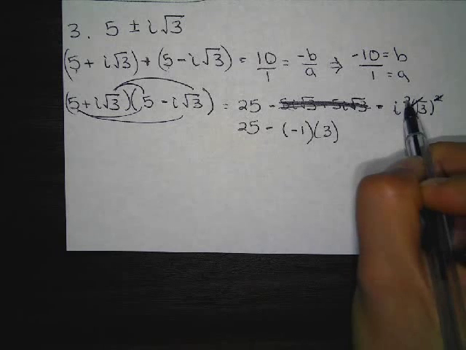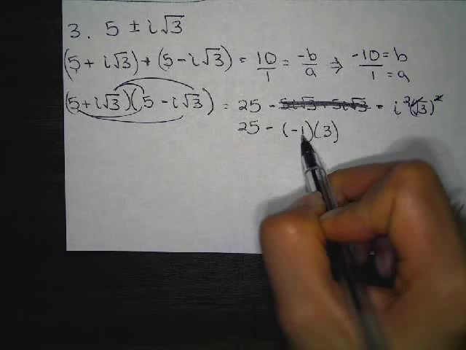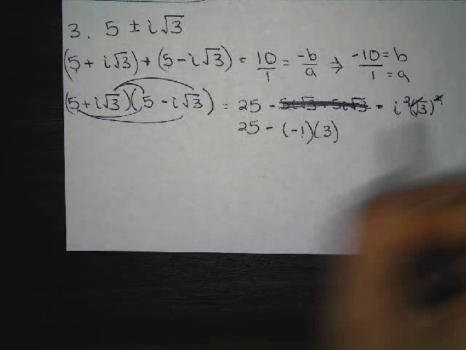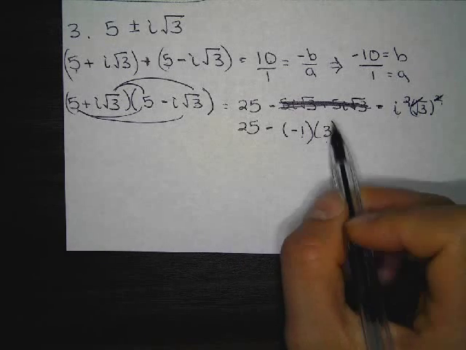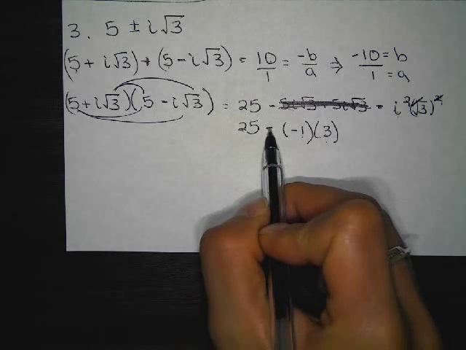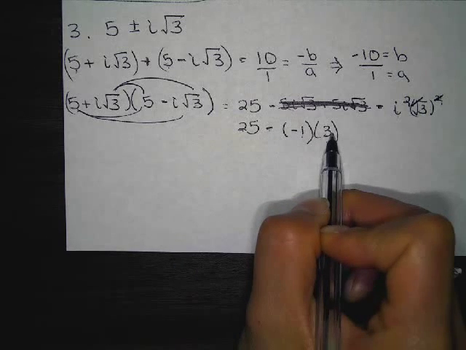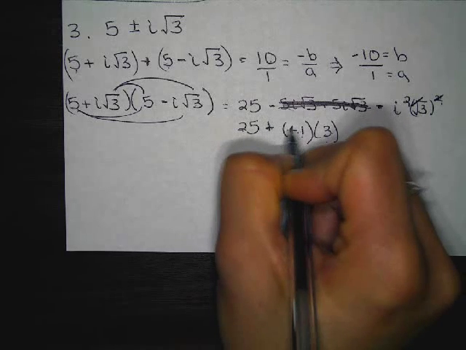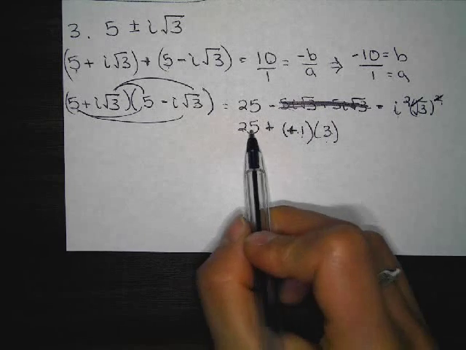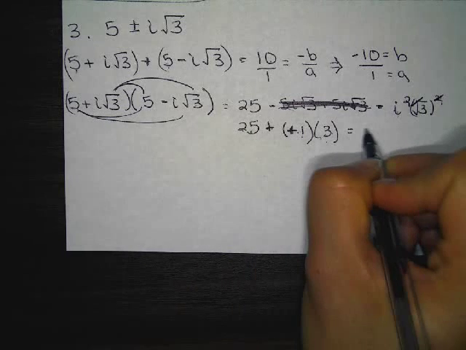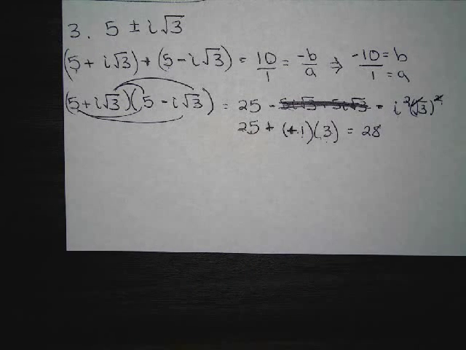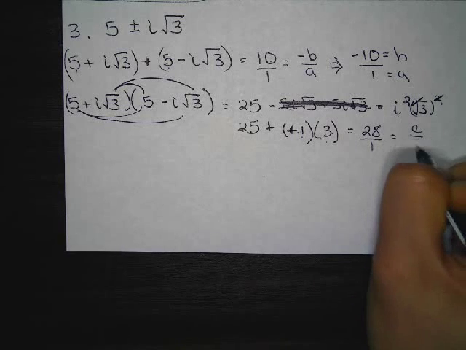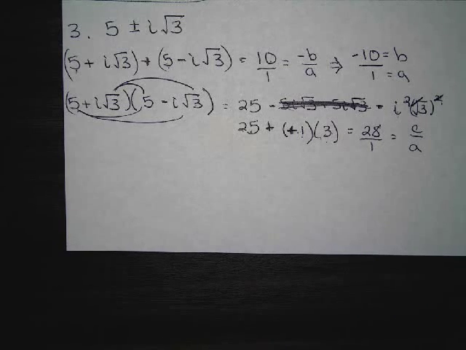So 25 minus negative 1 times 3, a negative and a negative make a positive. So we basically have 25 plus 3 here, which is 28. That's a whole number, so again we got to put it over 1, and that's equal to c over a.